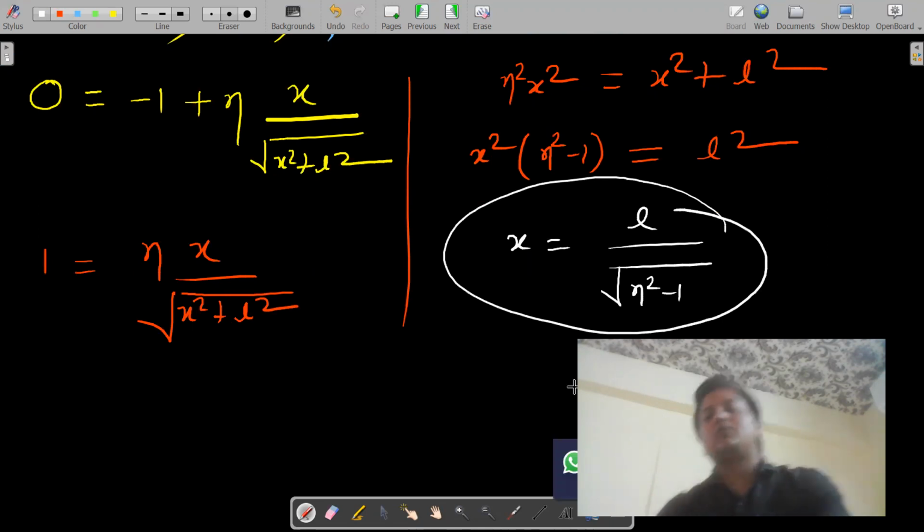So if he wishes to go from A to B in minimum time, he has to leave the highway at this distance.